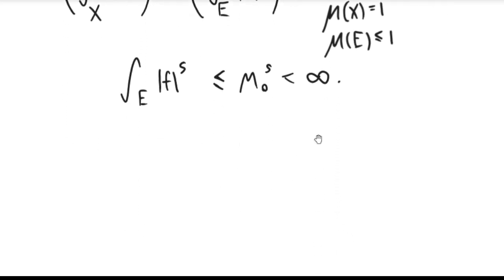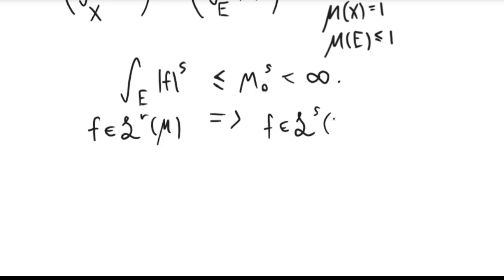Okay, so we took a function f that we assumed was R integrable, so we assumed that it was in L^R, and then we just showed that its s integral is also finite. Therefore, it is contained in L^S. And so this shows that the containment that we were trying to prove is true.